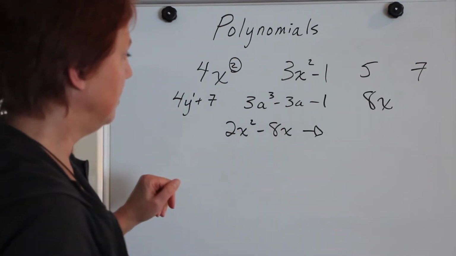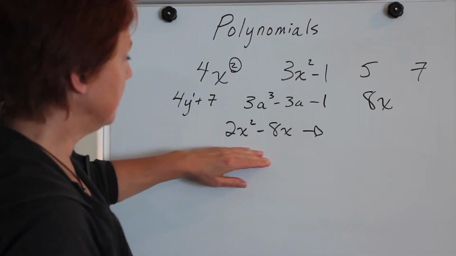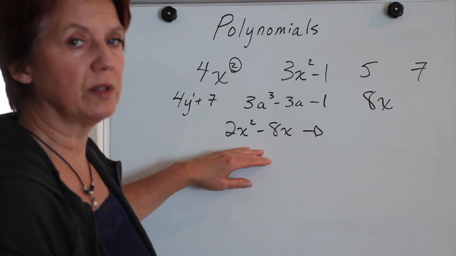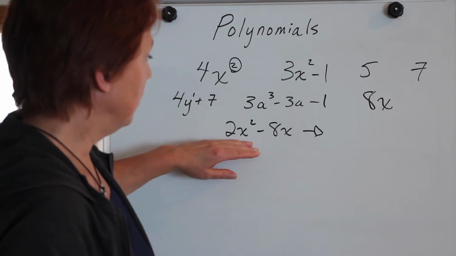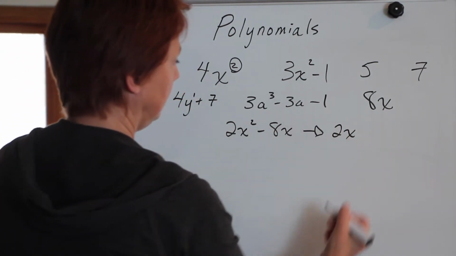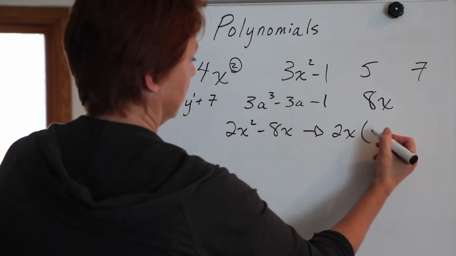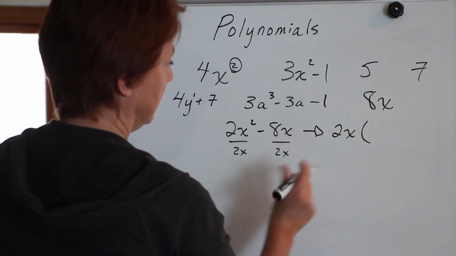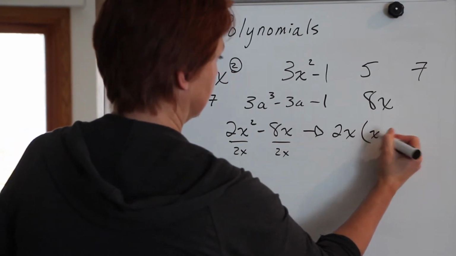We don't have a plus c. In a situation like this, and again, I've stressed in the past how important it is to always look for what's common first. So common to these 2 terms is 2x. And then we're dividing 2x out of each term, and what we end up with is x minus 4.